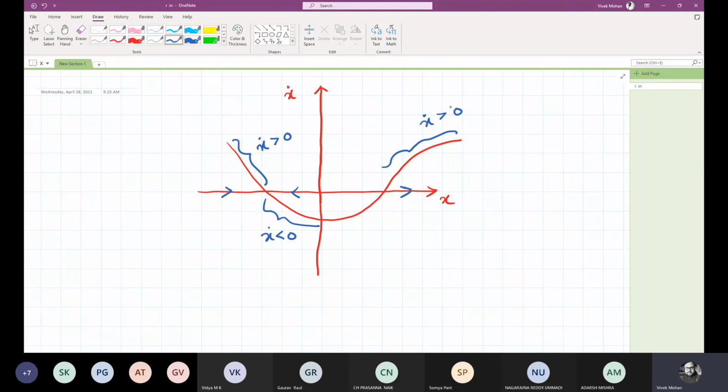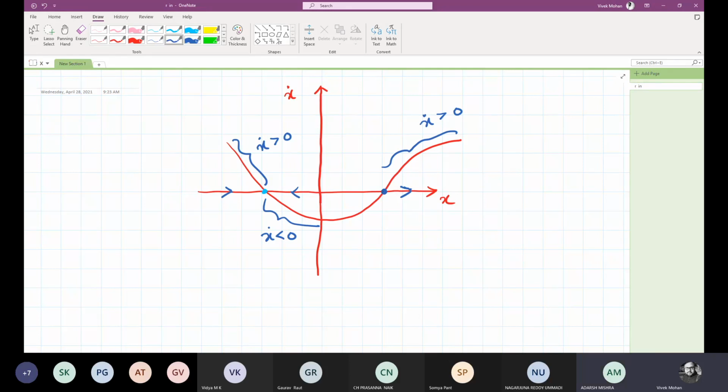So now we again get two different fixed points. One is this one, and another one is, I'm changing the color here, this one. So here also, which one is stable and which one is unstable?